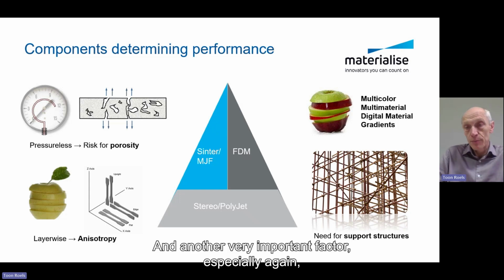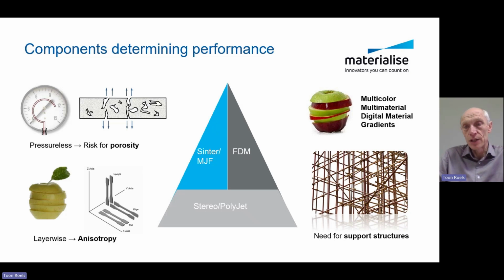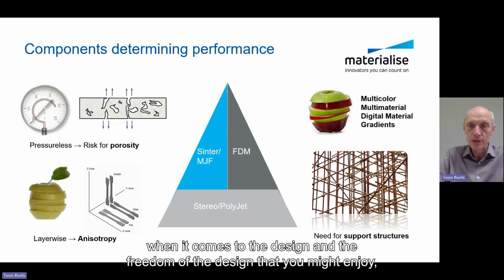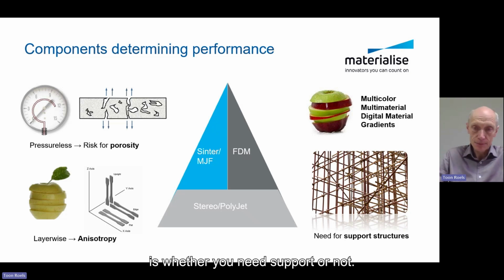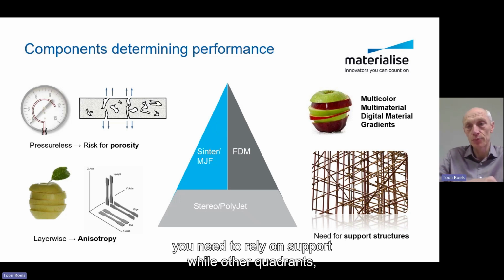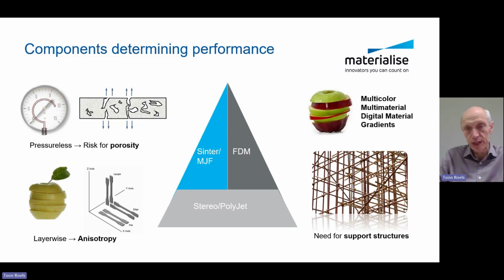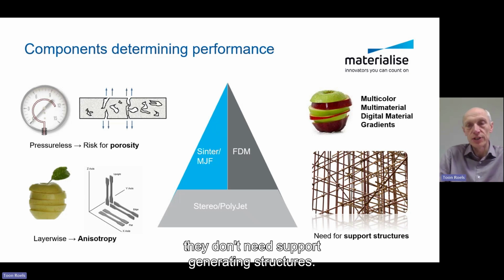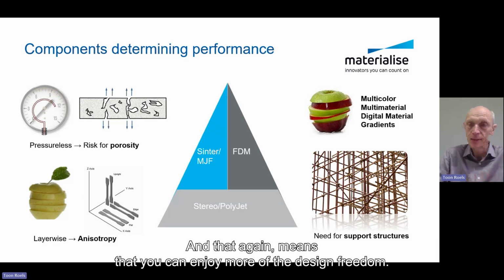And another very important factor, especially when it comes to the design and the freedom of the design that you might enjoy, is whether you need support or not. Certain positions in the quadrant make that you always need to rely on support, while other quadrants don't need support generating structures. And that again means that you can enjoy more of the design freedom.